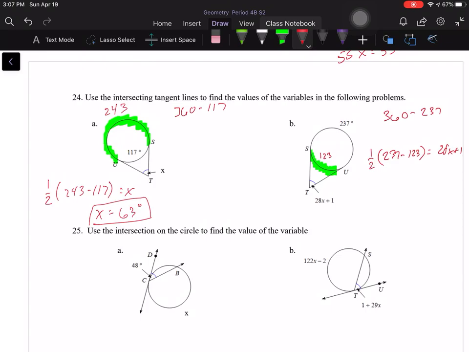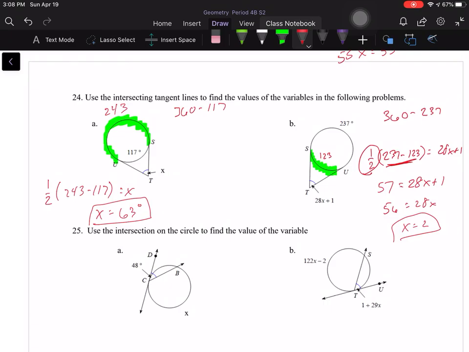So this one, if I take 237 minus 123, that's 114. I don't mind doing it on that one. Half of 114 is 57. So I actually use the half of that number on this problem instead of multiplying the other side by 2. So now I subtract 1, so 56 equals 28x, so x equals 2.